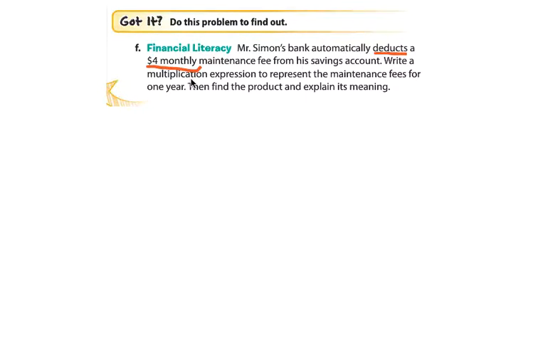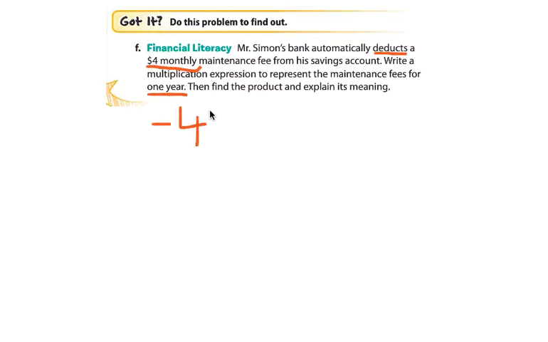Write a multiplication expression to represent its maintenance fees for 1 year. Then find the product and explain its meaning. So he's deducting. So first off, if we're deducting, that means it should be a negative value. So negative $4.